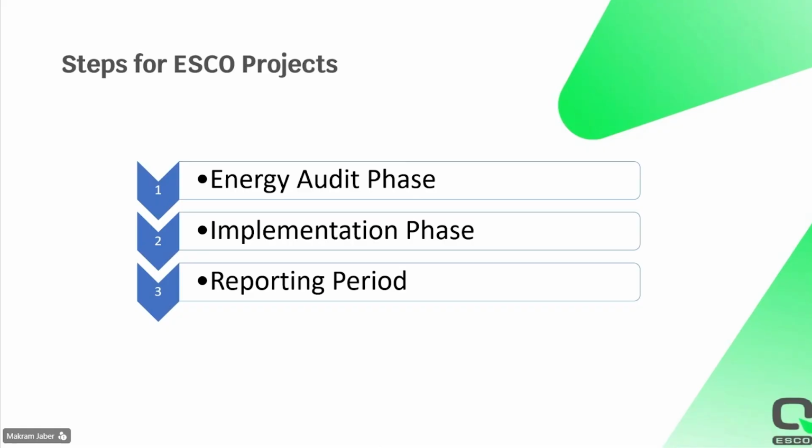And depending on the contractual agreement with the client, during this reporting period, we have to guarantee it, and if the saving is not achieved, we have to take responsibility for the penalties that will be issued due to this.